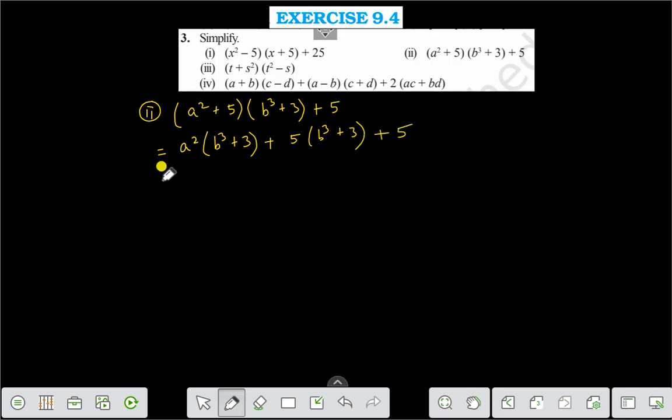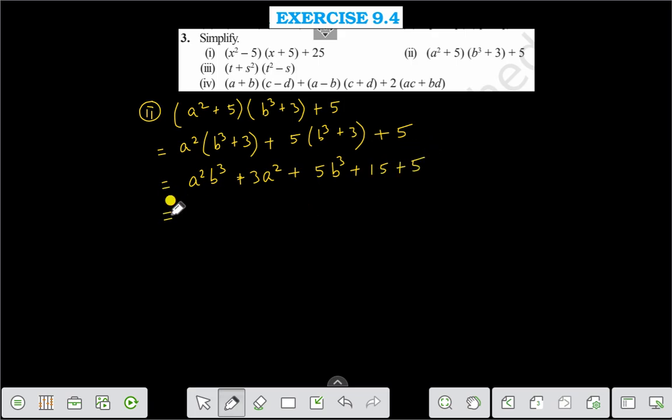Then we are getting a square b cube plus 3a square, 3a square plus 5 b cube plus 3 5 is 15 plus 5, right?